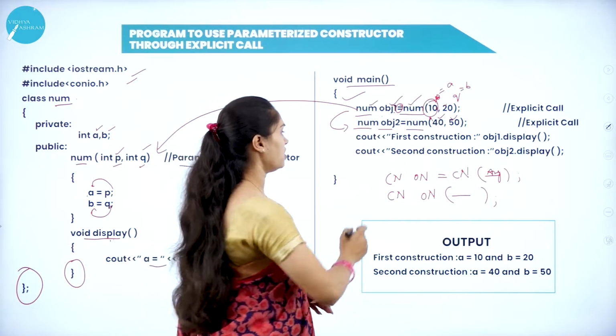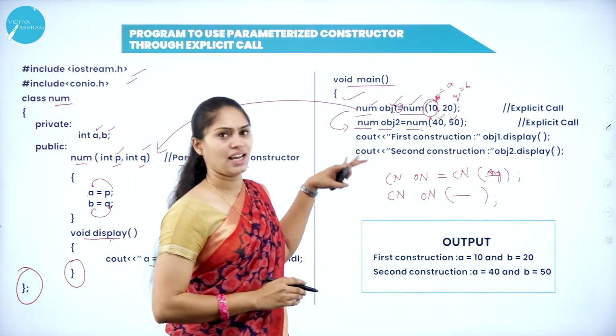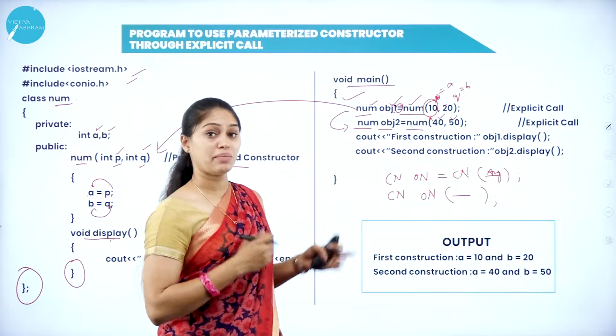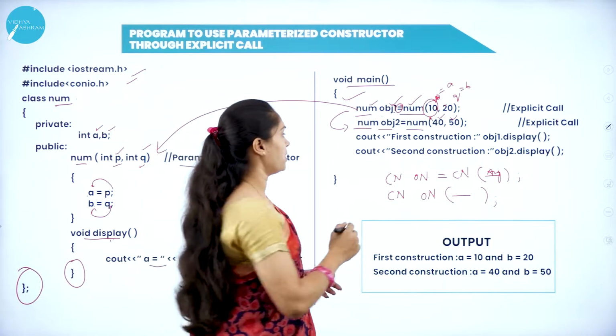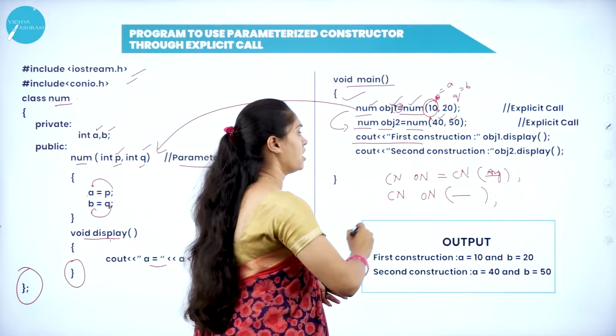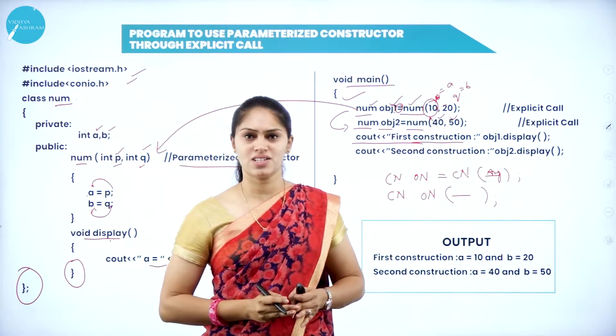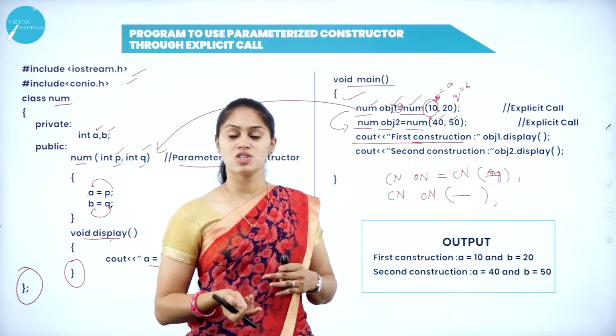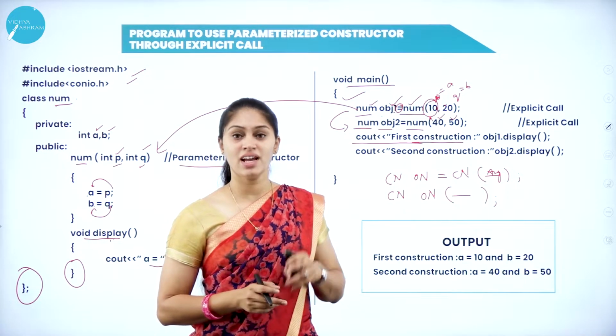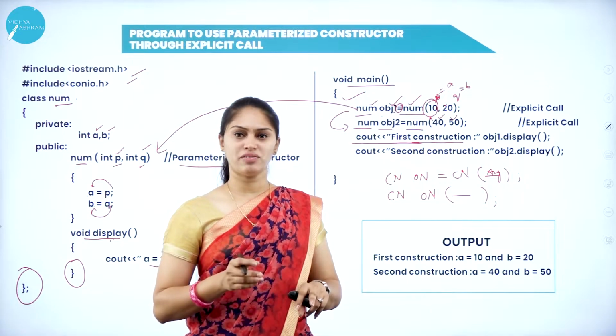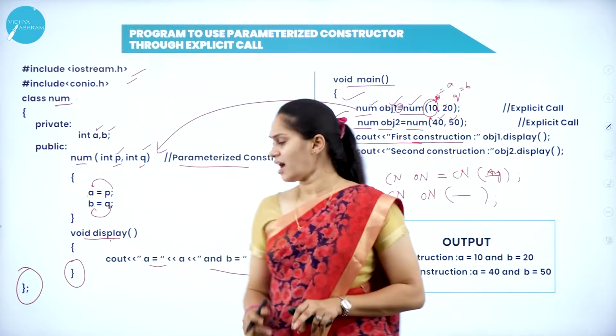I have one more function, where I am displaying the content. What am I displaying in the cout statement? First construction, that is object 1. With the help of object 1, I am going to call the member function display. What do I have in display?